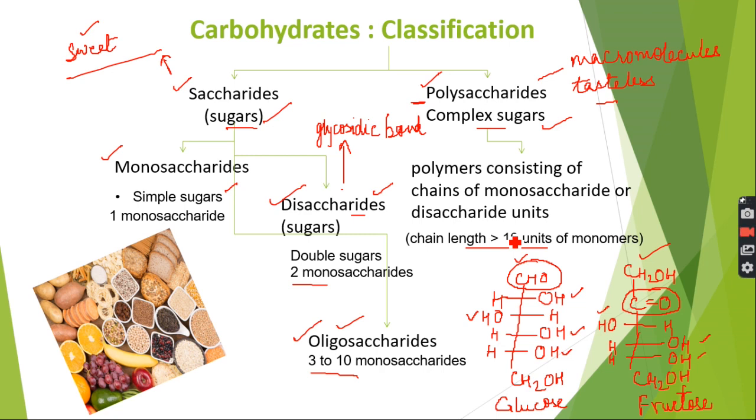3 to 10 are oligosaccharides, 2 we call disaccharides, and if there is just the simplest saccharide unit, we call it a monosaccharide. Let us see the samples we are going to use today belonging to each category.